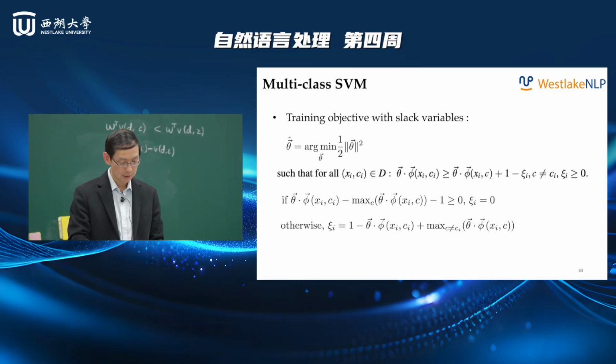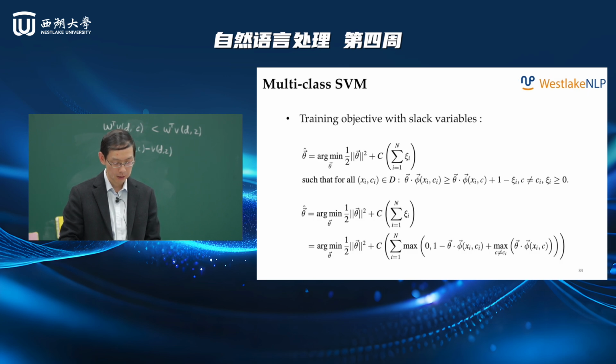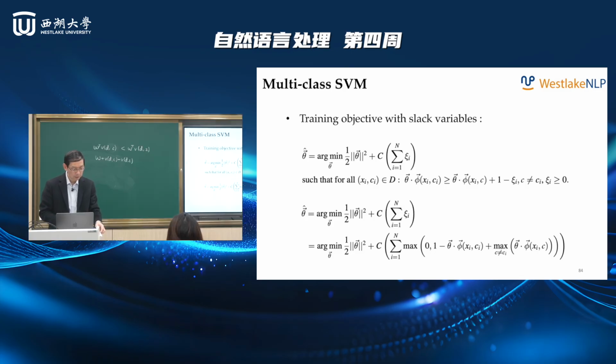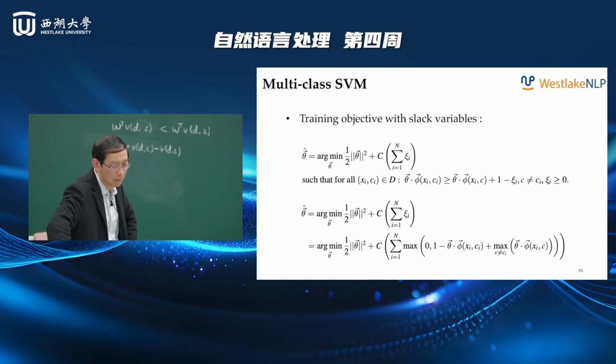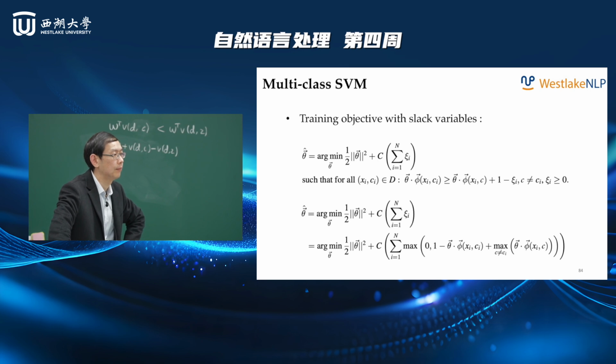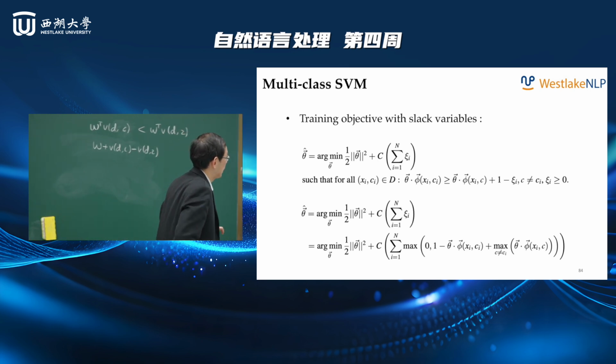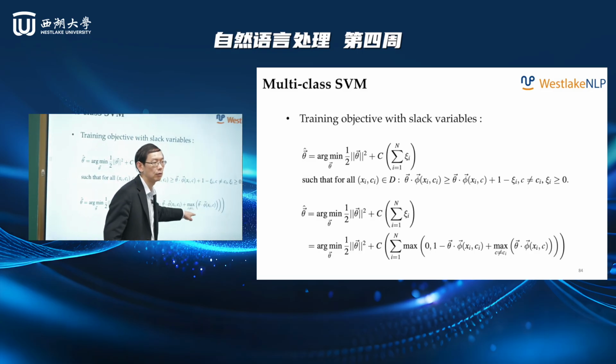As a result, I can specify my training objective like this. I want to minimize the original training objective, the parameter norm, plus C, the hyperparameter weight, times the sum over all training data of the slack variable value. The slack variable value is the maximum of 0 and 1 minus the score difference. But why is there a second max in the equation?